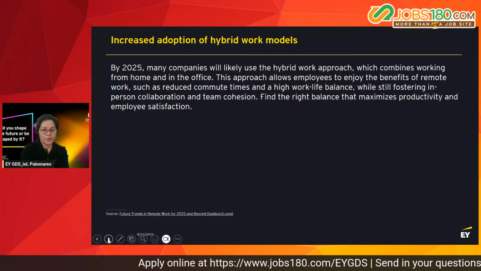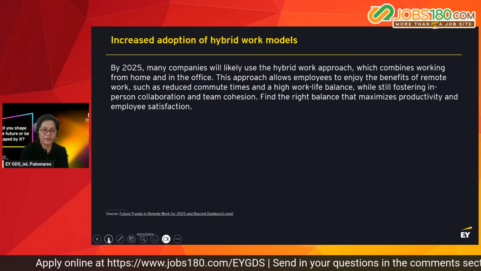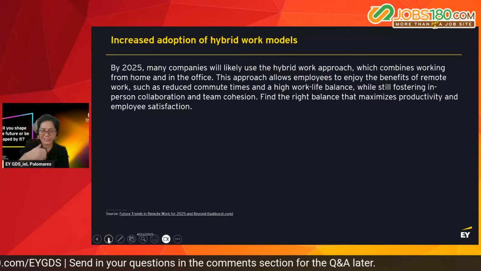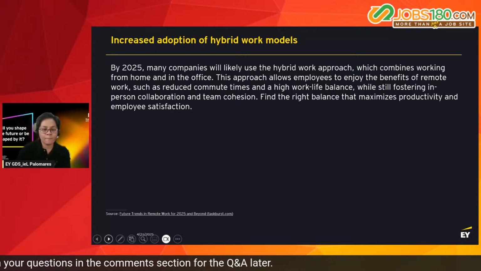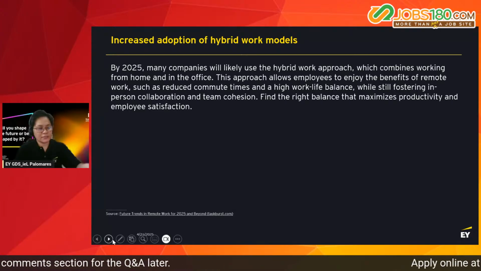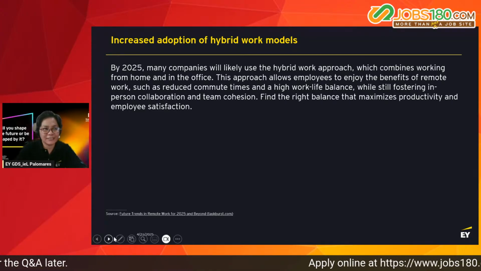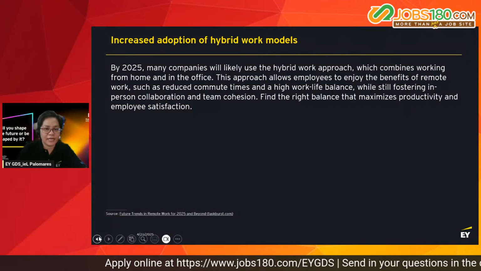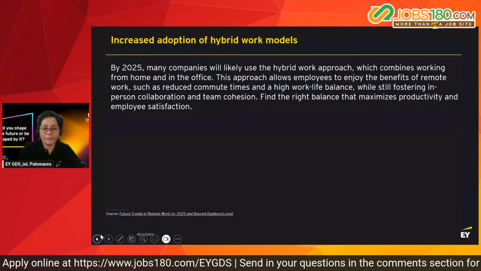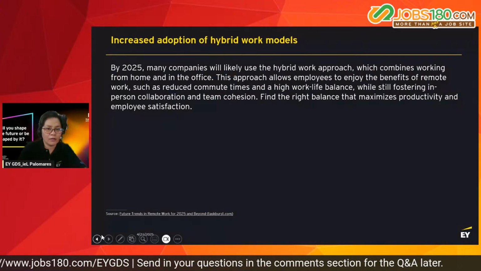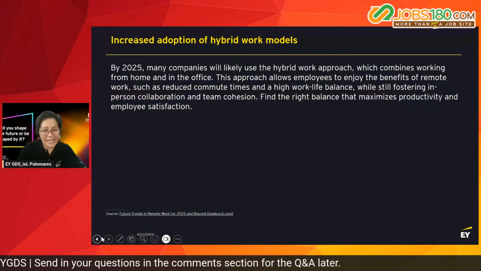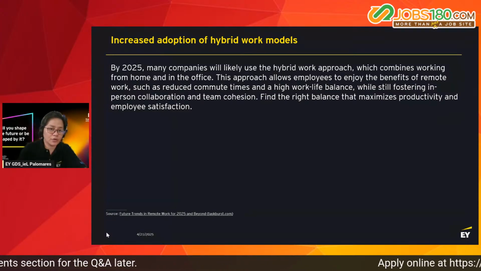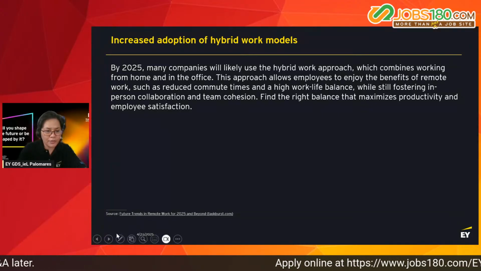Okay, so though there are a lot of companies right now who are already fully working on site, still there are companies like EY and other companies out there who tested or evaluated that the hybrid model works for them in the sense that it fosters in-person collaboration and team cohesion, at the same time maintains a high work-life balance in terms of remote work, and of course there's a reduced commute time for the employees, right?